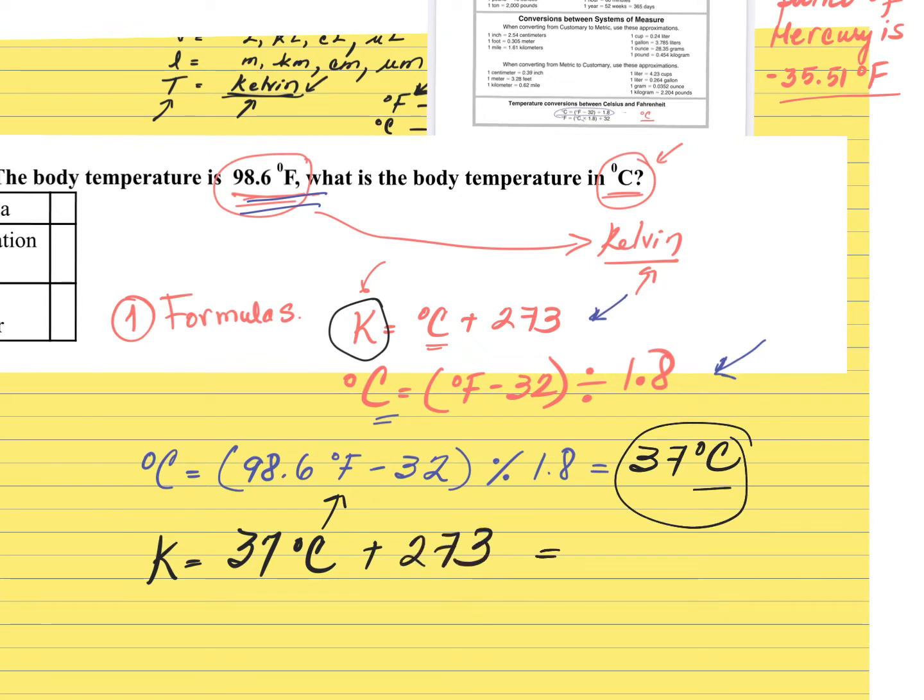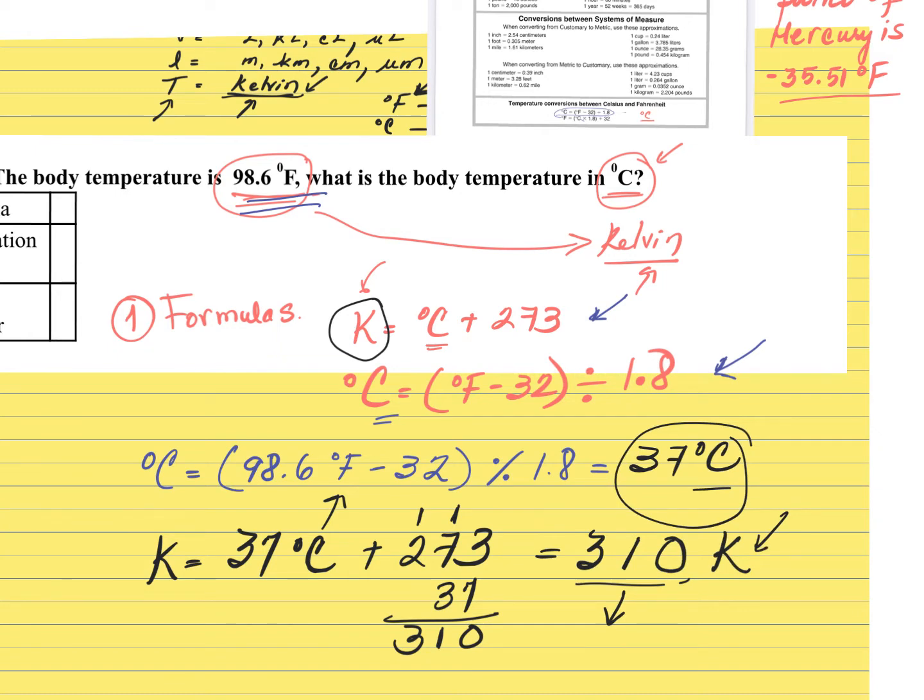That's going to be equal to, if I don't make a mistake, when you add 37 plus 273, 310 Kelvin, okay? Which is the temperature of the body expressed in the Kelvin scale.